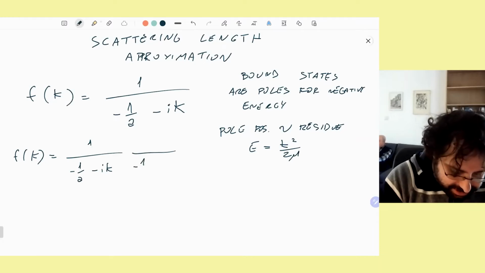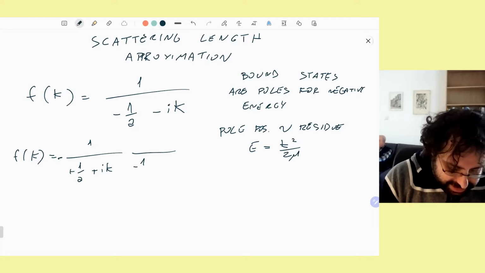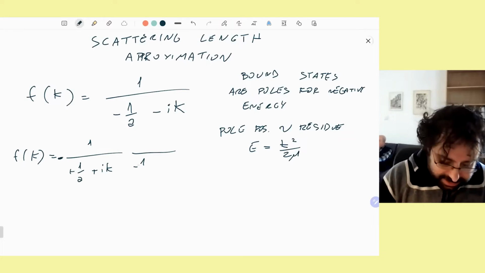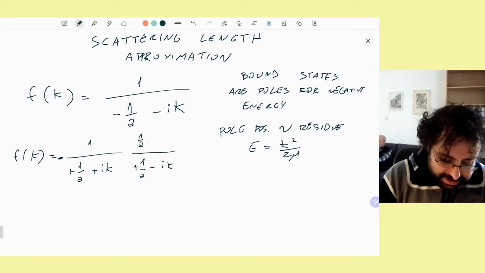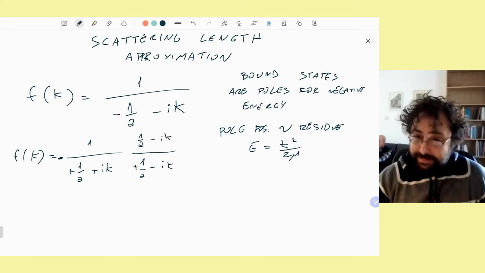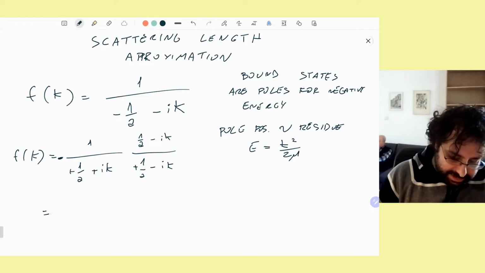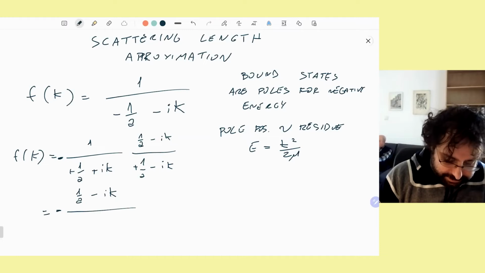So let me factor the minus sign. So I put plus and an overall minus sign here, just to have fewer signs floating around. So I have this and this. And this becomes 1 over a squared plus k squared.